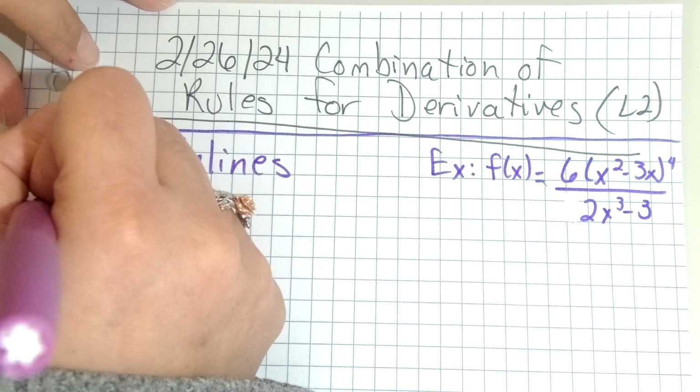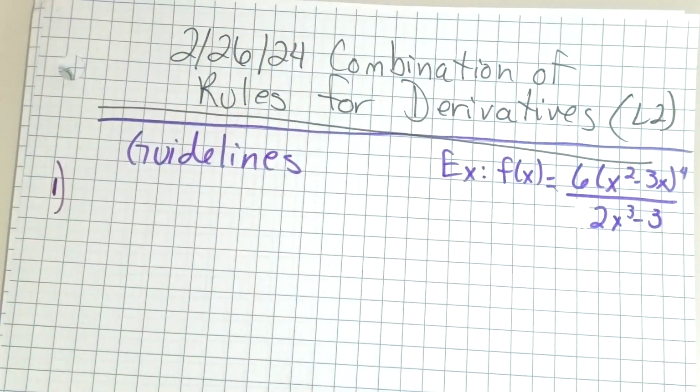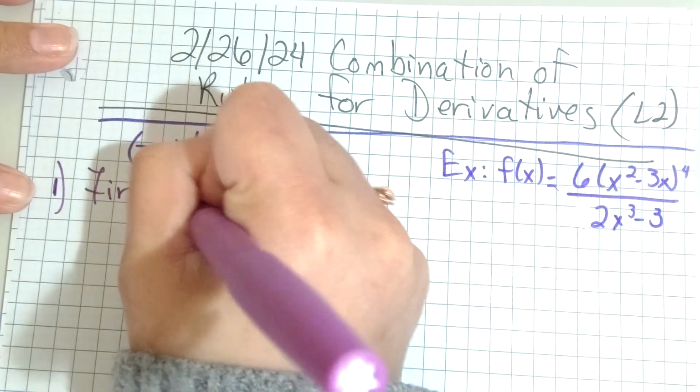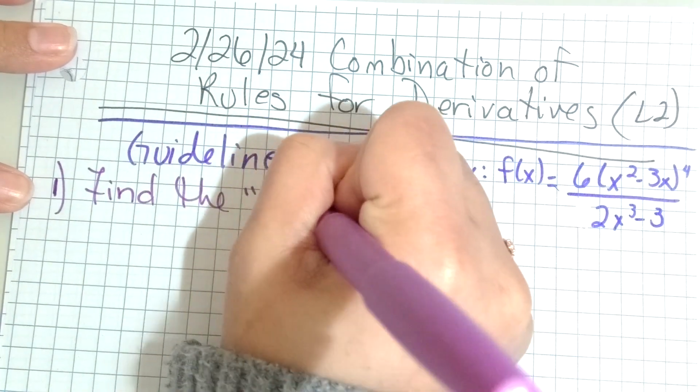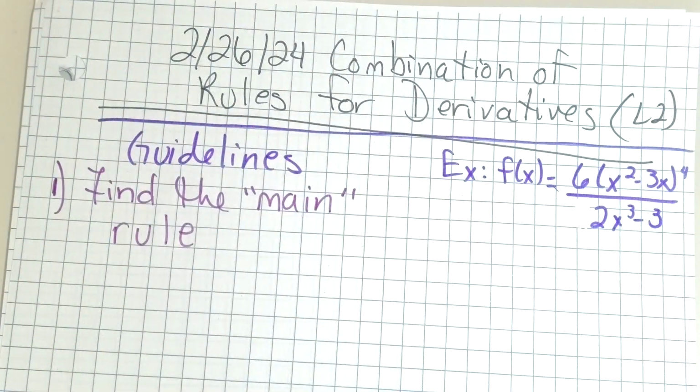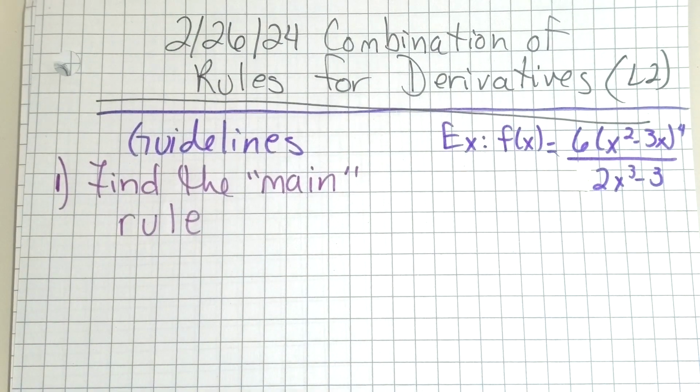So the first guideline is to find the main rule. Now, when I talk about main rule, main derivative, main function, I'm talking about the thing that is made up of smaller things.